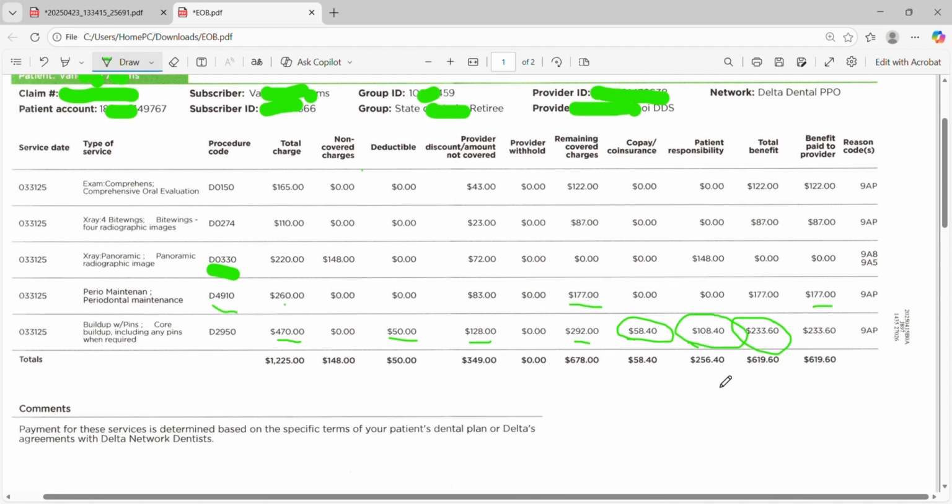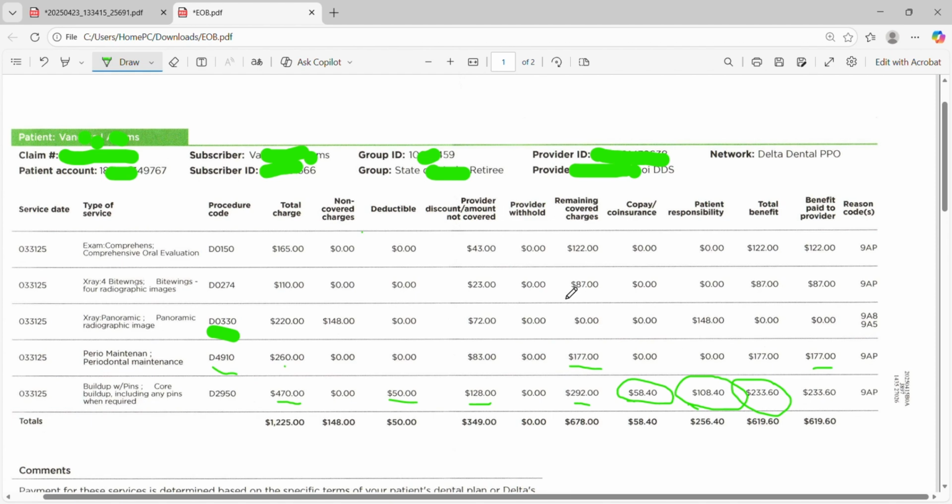All right, so that's pretty much the explanation of how to interpret the EOB, or explanation of benefits. The perk when a patient visits an in-network provider is that there's really a big discount.